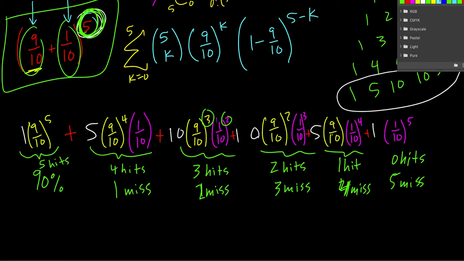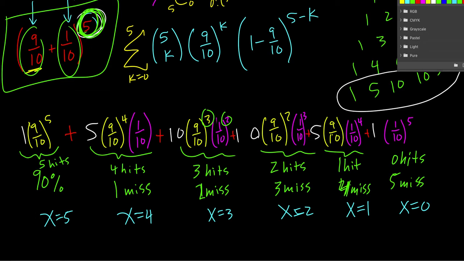Now, if we want to put our x values, so this is x equals 5, x equals 4, it's just the number of hits. Okay. Now, it says we want to know the probability that he hits twice only.